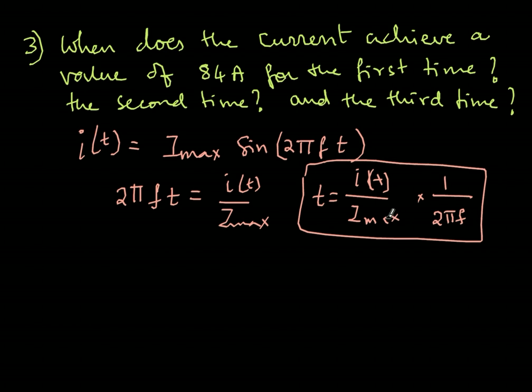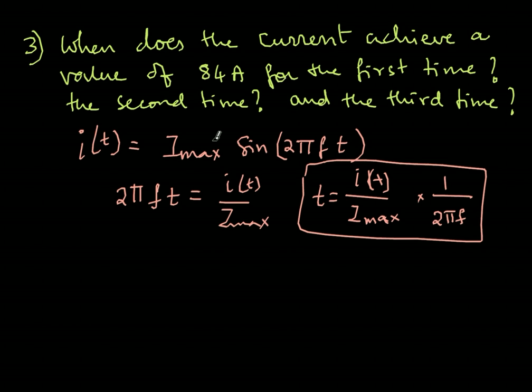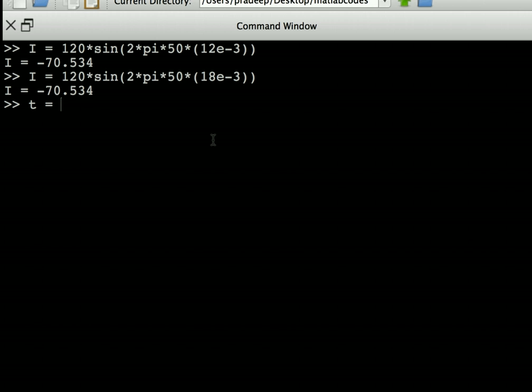So let's feed this equation into our Octave interface. So t equal to I of t. The question asks for I of t equal to 84 amperes. So 84 divided by 120, this whole thing is being multiplied.